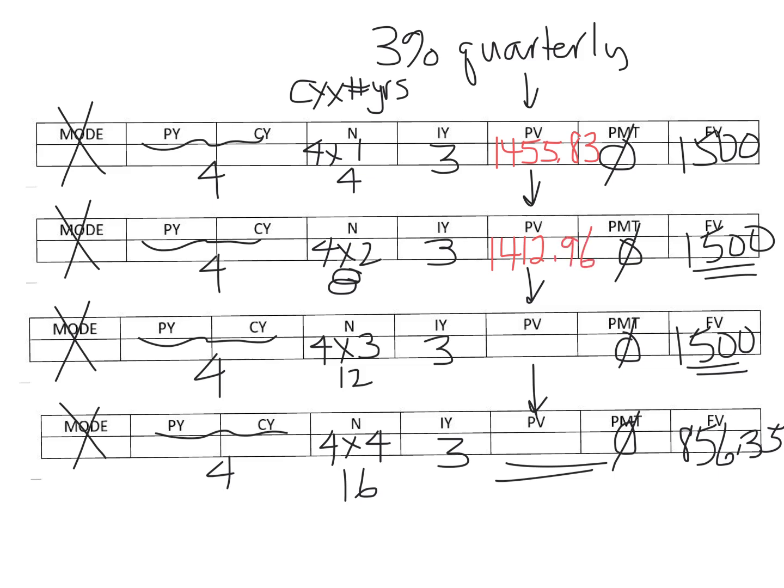The $1,500 payment 3 years in the future in today's value would be $1,371.36. And then this $856.35 has an equivalent value today of $759.85. When we total those together, we see that they total $5,000. So that's the original amount of the loan, $5,000 paid back in 3 payments of $1,500 and that last payment.